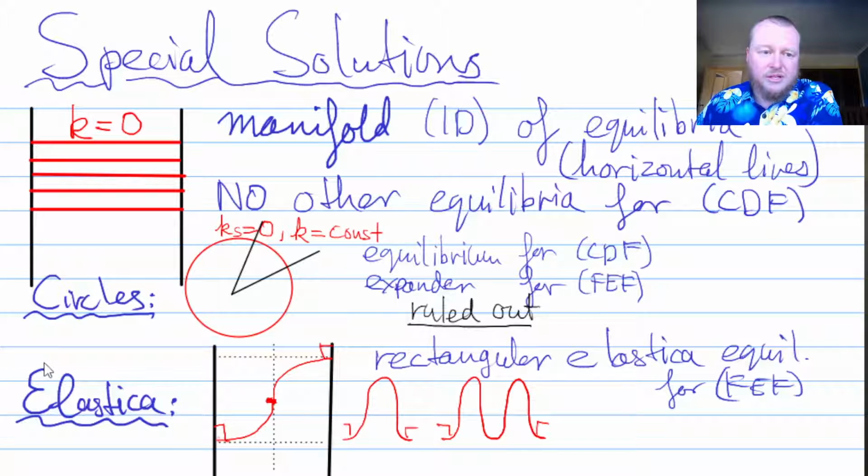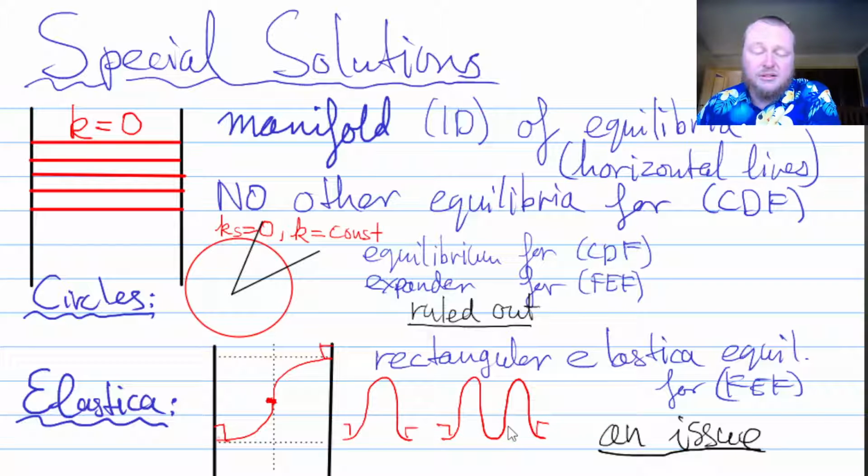Okay, so these are the key ones that I want you to keep in mind. We do not rule out this, so this is an issue. These rectangular elastica have not been ruled out, and that makes the main difficulty for the free elastic flow.